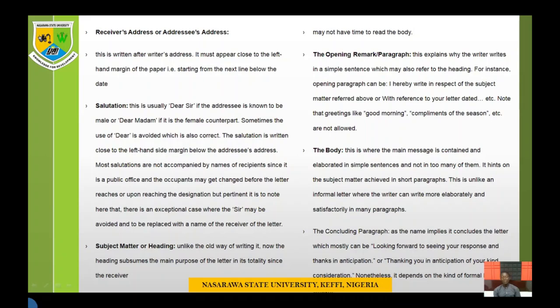Okay, now subject matter or heading is the next one after the salutation. Unlike the old way of writing it, now the heading subsumes the main purpose of the letter in totality, since the receiver may not have time to read the body.